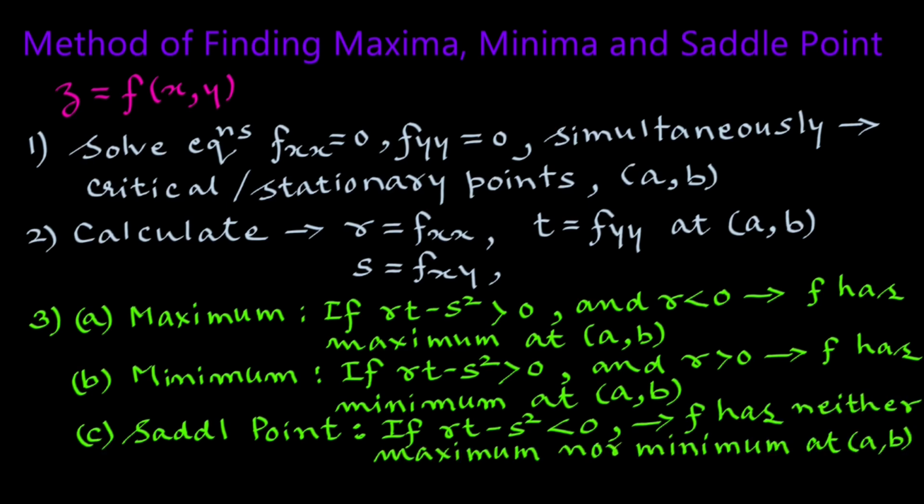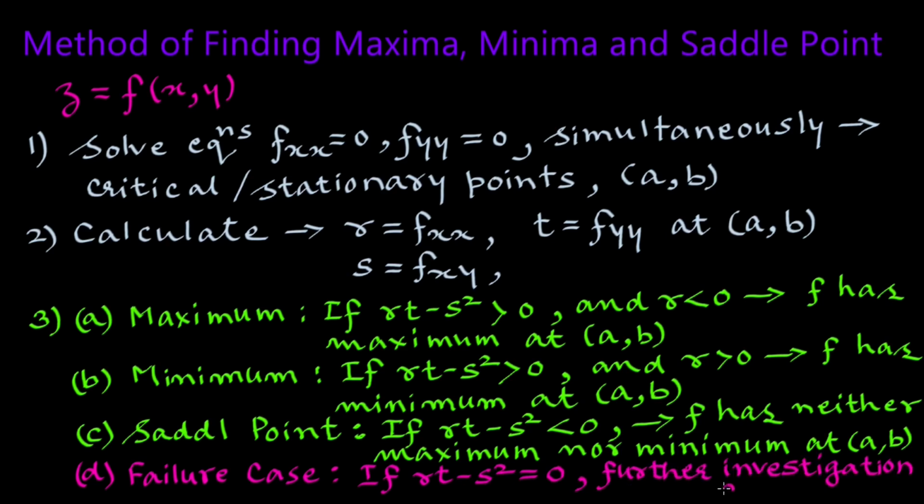And finally D, a failure case if rt minus s squared is 0, and in this case further investigation is needed. By following this method, we can find maxima, minima and saddle point of a function z equals f(x, y).